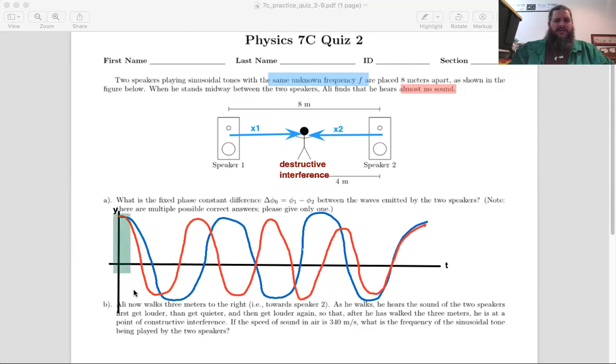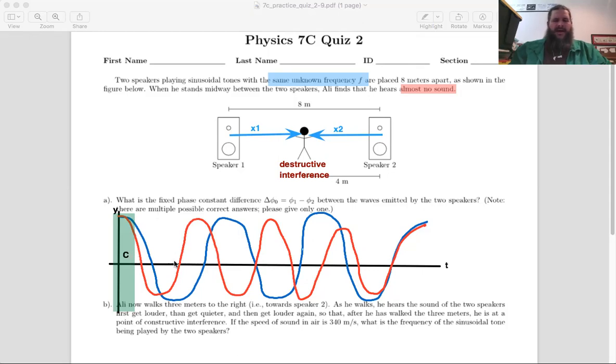Yeah. At this time, at the very beginning, we've got crest and crest lining up. So at that time, what kind of interference is that? Constructive. Yeah, which means if these are sound waves, what would you hear if this is constructive interference? It would be like really loud. Yeah. So we're going to have a very loud sound at this time.